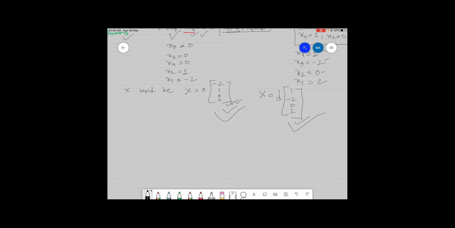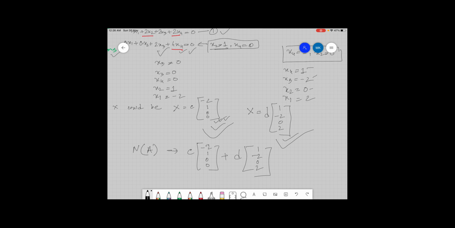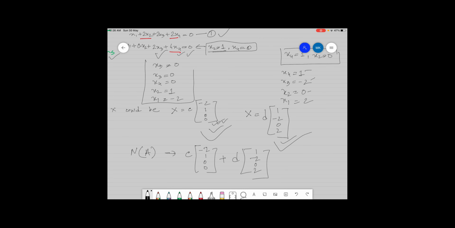So the null space of A is basically the linear combination of these 2 solutions. These are called special solutions.